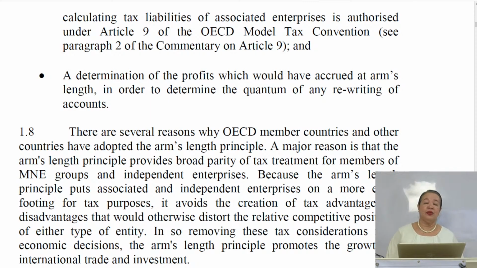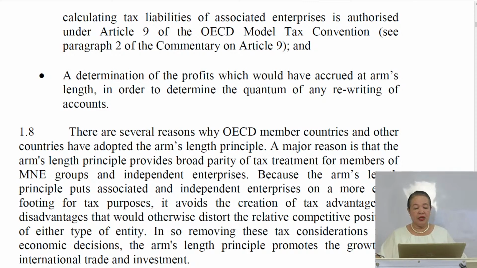It begins with the history of the article and the changes, and then how come that it is now in its current statement. So many commentaries. Also, the commentaries on its articles in the OECD Model Tax Convention are very long. So the provisions are short, the commentaries are the long ones.